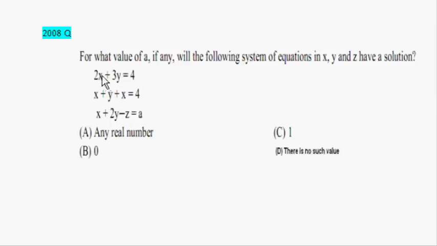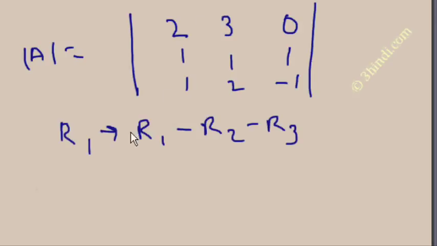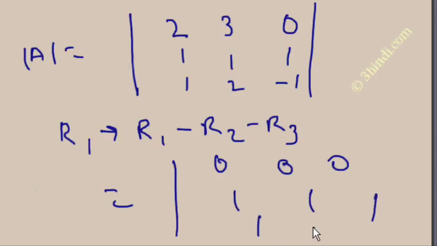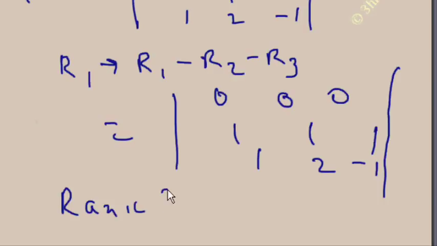You are required to find the values of A. First, the rule is that you have to find the rank of the two matrices A and K. Here is the determinant value of A. Performing R1 minus R2 minus R3, I will get a first row of 0, so the rank of A is not 3, but the rank of A is 2.